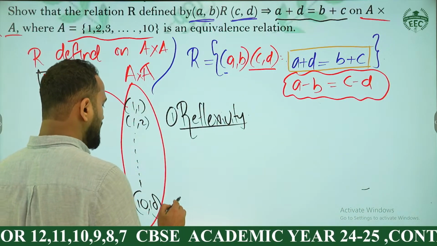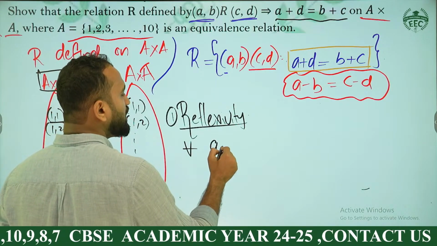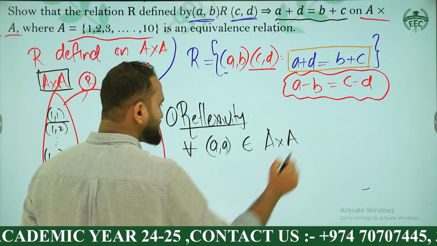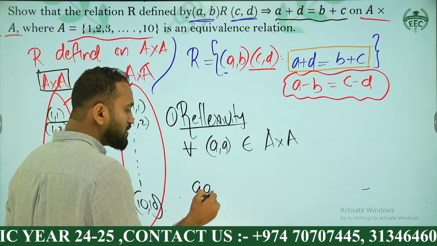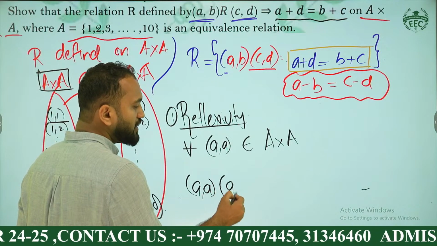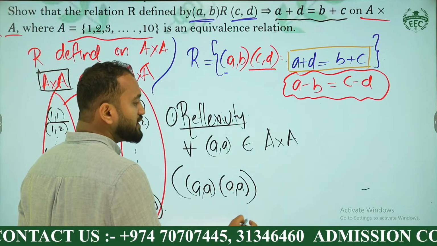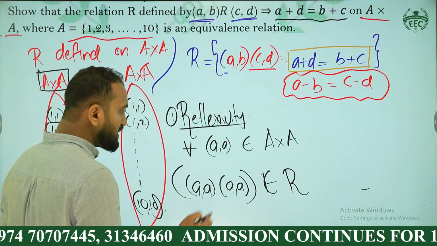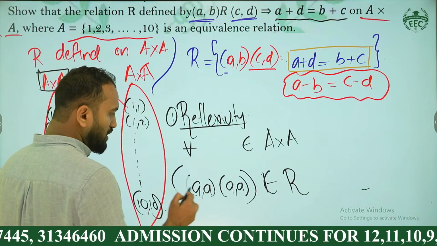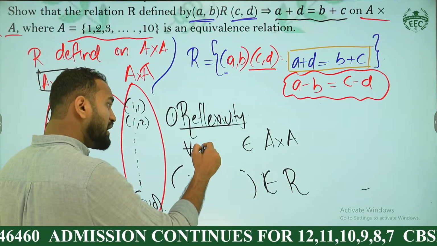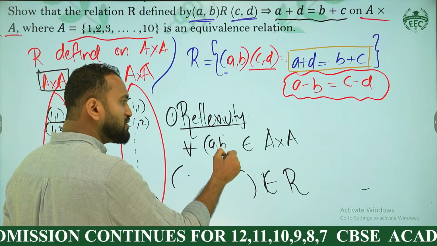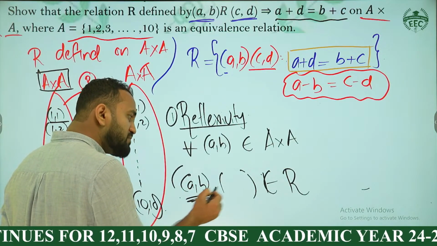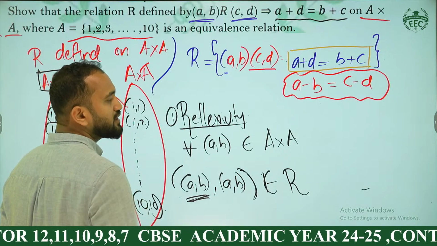Therefore, I can say that for every A comma A belongs to the set A cross A, the reflexive pair, that is A comma A and A comma A, will belong to relation R. And it's not necessary that this has to be A comma A. People make this as A comma B. For every A comma B belongs to A cross A, I can say that A comma B and the same thing, A comma B, will be there in the relation.